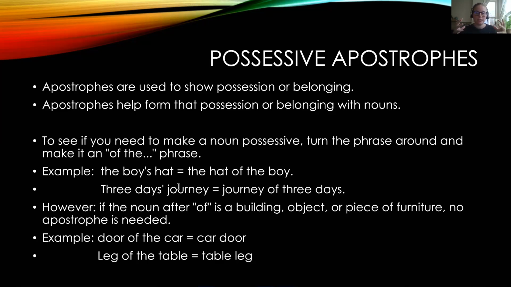So the journey here is more of an abstract noun. It might not be something we can touch, because a journey is an idea of a trip, right? That we're going from point A to point B. And it's owned by the 3 days that it'll take. It's going to take 3 whole days to do this journey, so that journey belongs to the 3 days that it'll take to do.